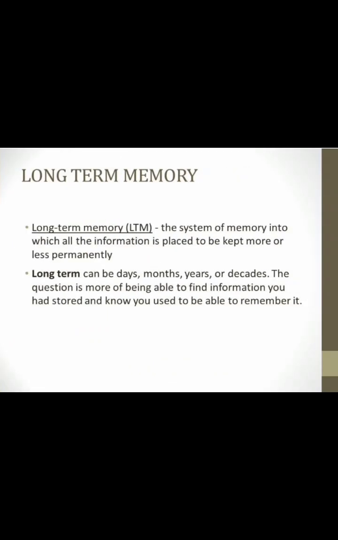Now we will discuss long-term memory. Long-term memory is a system of memory in which all the information is placed to be kept permanently for later use. Long-term memory can last days, months, years, or decades. The question is more about being able to find information you had stored and remember it.